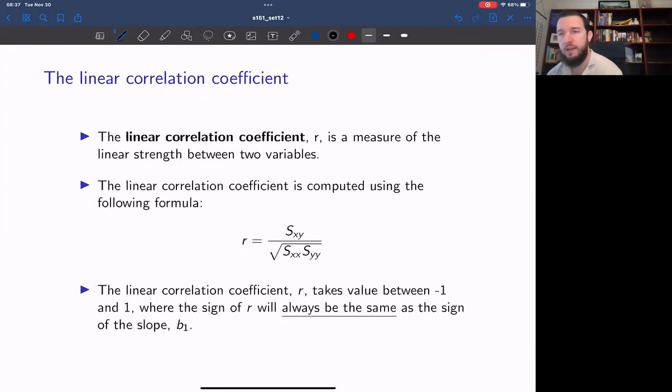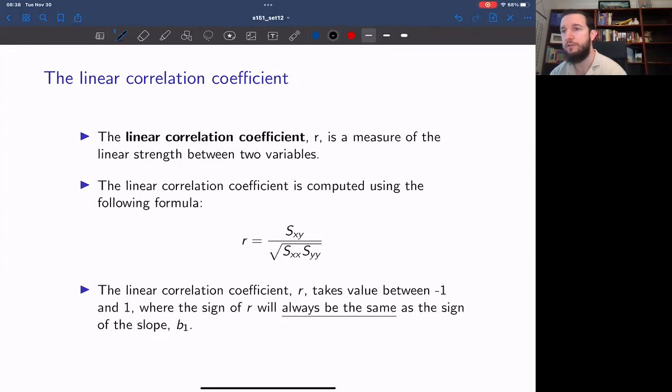Now, you may have seen examples of the correlation coefficient earlier on in the course. I believe that we had talked about it briefly on assignment number 2, but now we're going to talk about it in a little more detail. The correlation coefficient is basically a measure of linear strength between 2 variables.